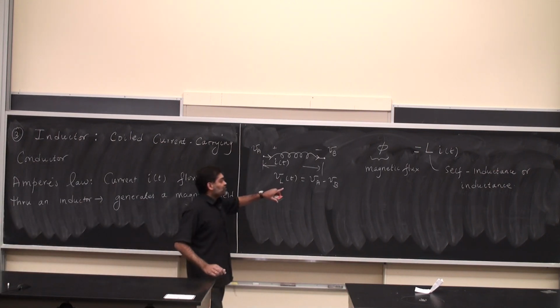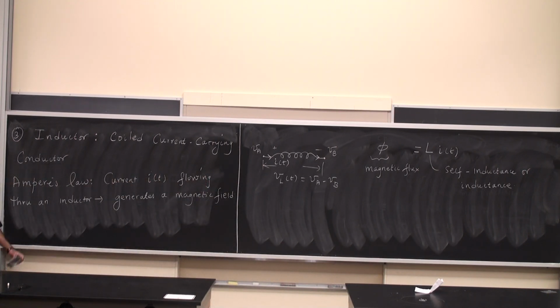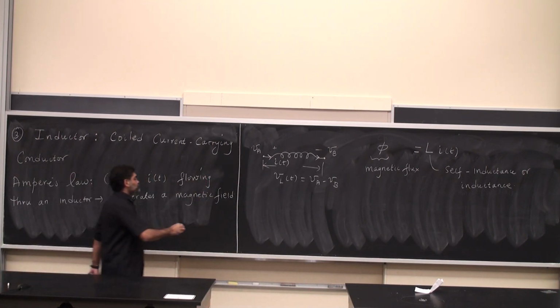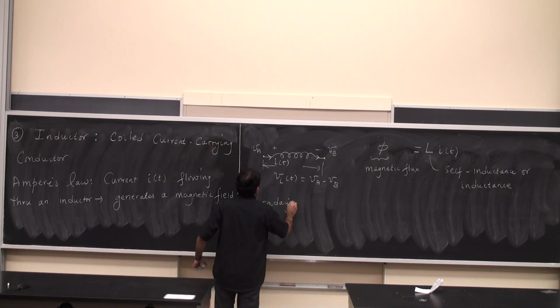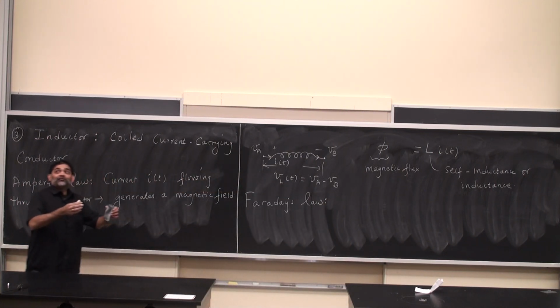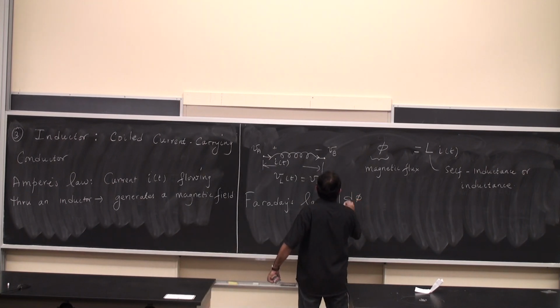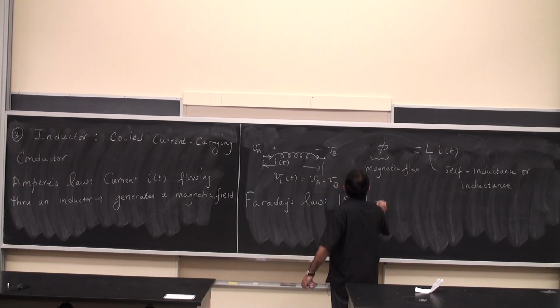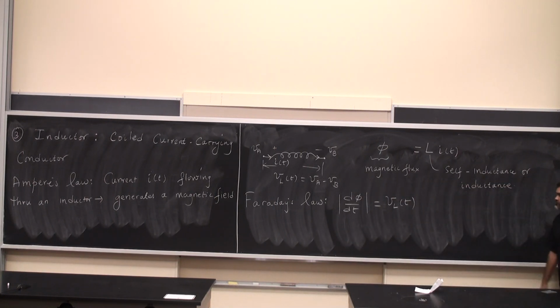So this is typically Ampere's law, and then Faraday's law says the following. The magnitude of the rate of change of the magnetic flux is equal to the voltage drop across the inductor. And so obviously you know what we're going to do.